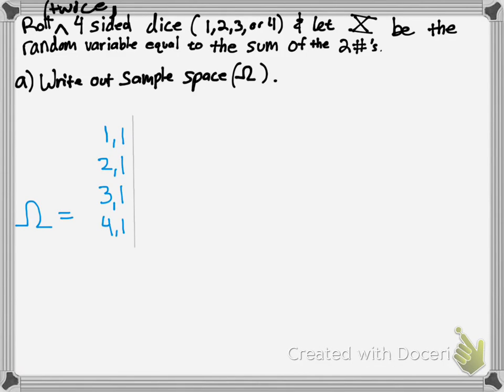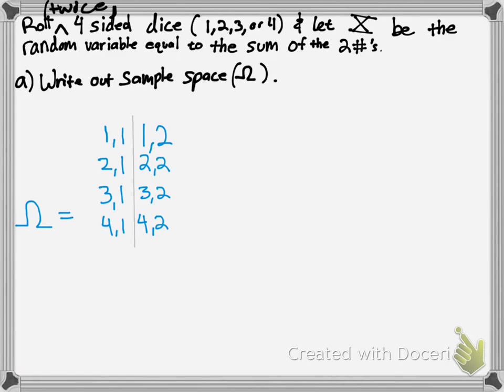Then you could roll a 1 and a 2, 2 and a 2, and a 3 and a 2, and a 4 and a 2.